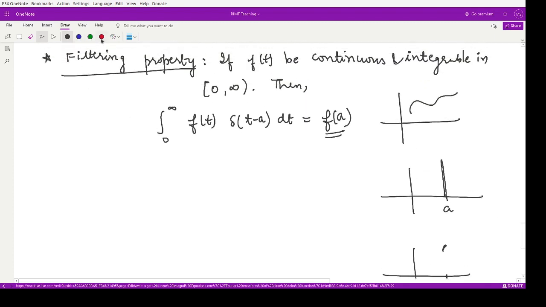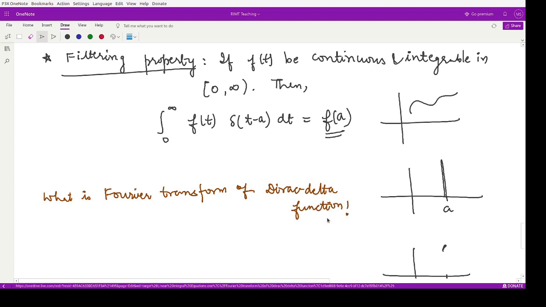Now we are interested to calculate the Fourier transform of the Dirac-delta function. For that, we take its Fourier transform.